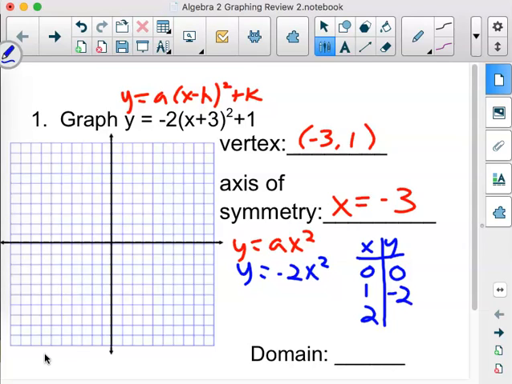Put a 2 in. 2 squared is 4. 4 times -2 is -8. But this is my parent function, not my final graph, so this is going to be dashed or dotted. 0, 0, 1, -2, and 2, -8. Because of symmetry, I also will get -1, -2, and -2, -8.